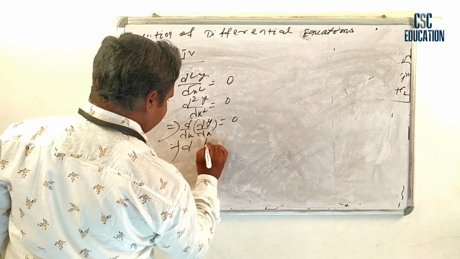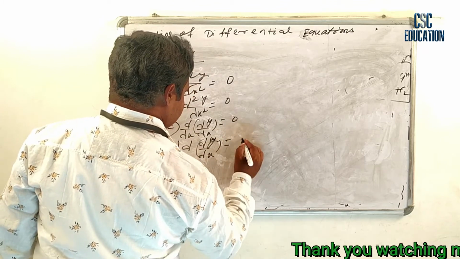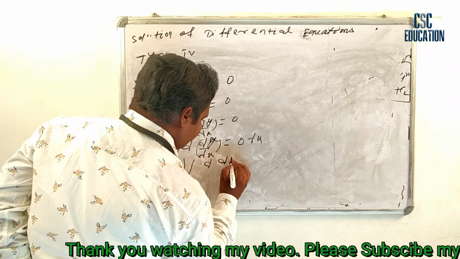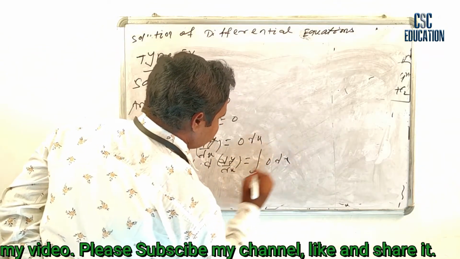Now converted, d of dy by dx equals 0 dx. Now integrating both sides, d of dy by dx equals the integral of 0 dx.